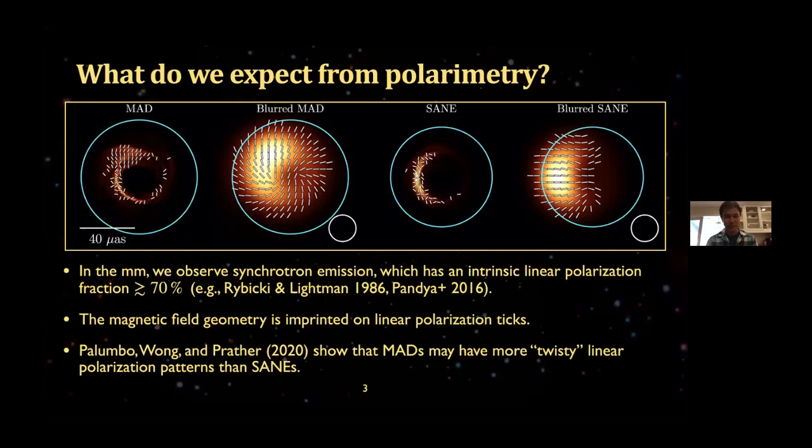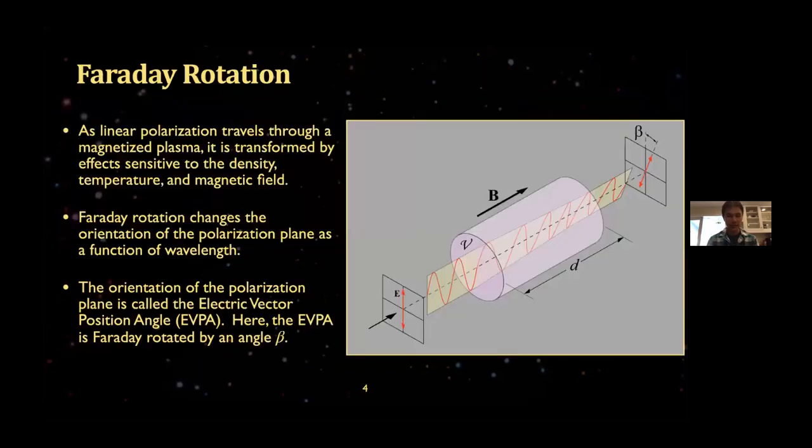Now, as linear polarization moves through magnetized plasma, it's transformed by effects that are sensitive to the density, temperature, and magnetic field. And the one that I'll be discussing today is Faraday rotation. That changes the orientation of the polarization plane as a function of wavelength. Now, that orientation is called the electric vector position angle, or EVPA, as I'll be referring to it later, sometimes also chi.